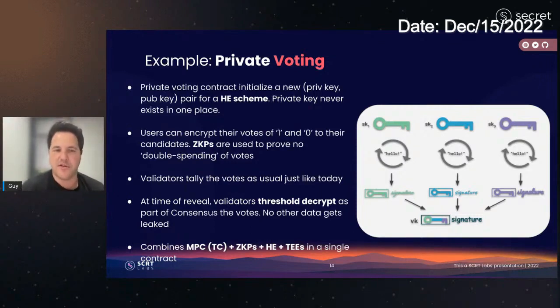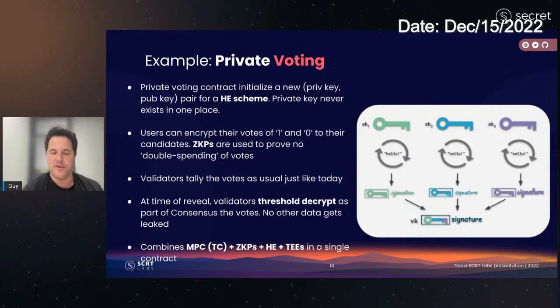But that contract on the back end would essentially initialize a new key pair, a private key and a public key, but the private key would be shared by all of the validators, as mentioned, and it never would exist in one place. And our users, as usual, know the public key, so they can encrypt their votes, and the vote should be 1 or 0.